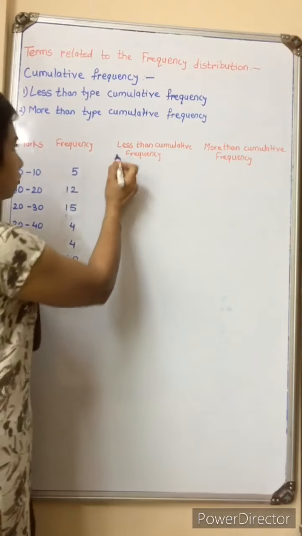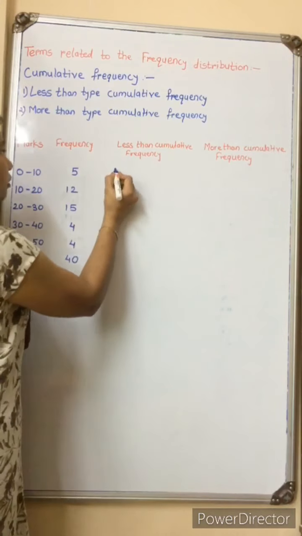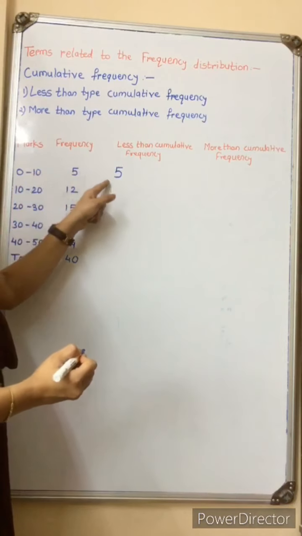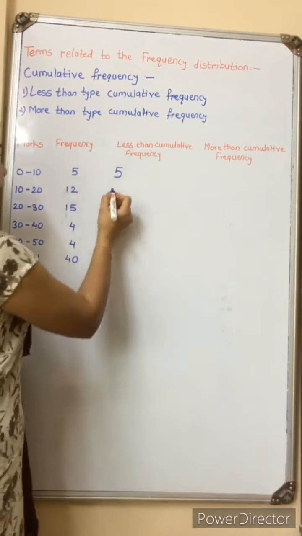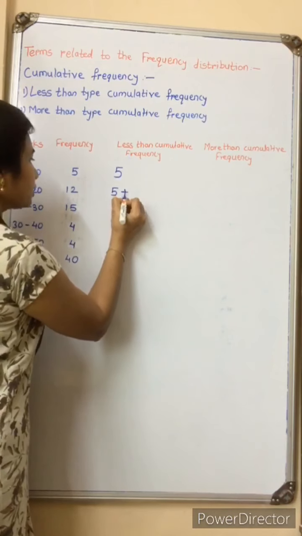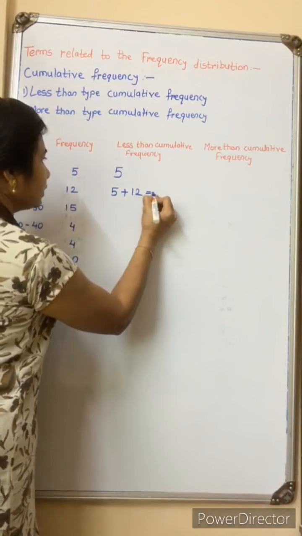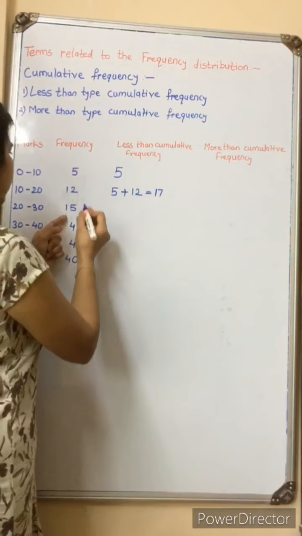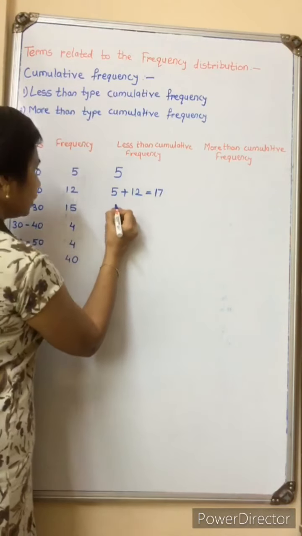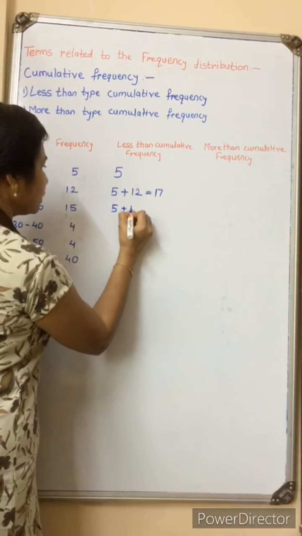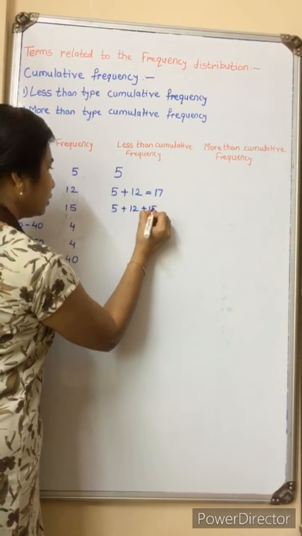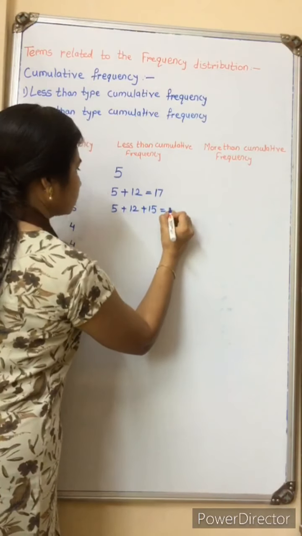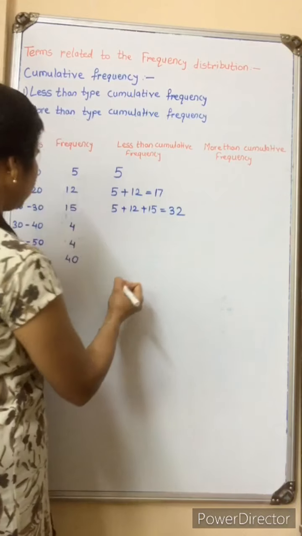Now how can we find the less than cumulative frequency? The first number is always as it is. For the next value, up to 20, I need to calculate 5 plus 12, that is 17. Then for less than 30, you calculate 5 plus 12 plus 15, which is 32.